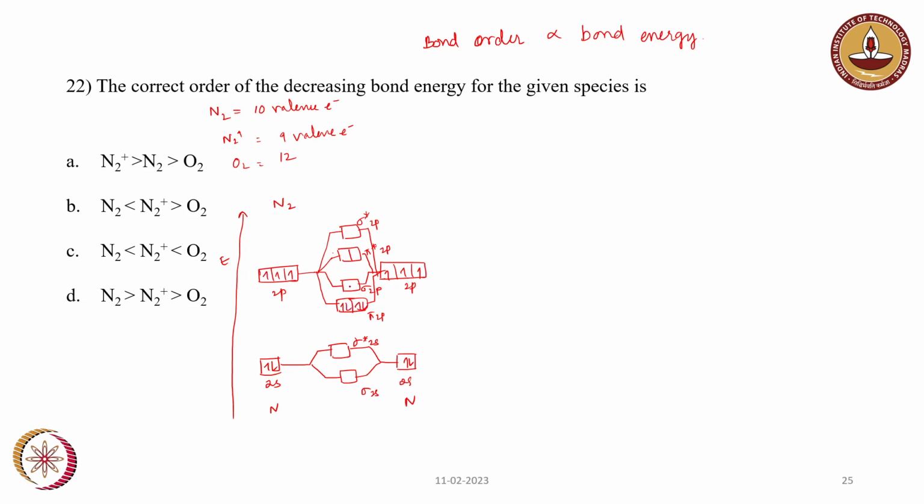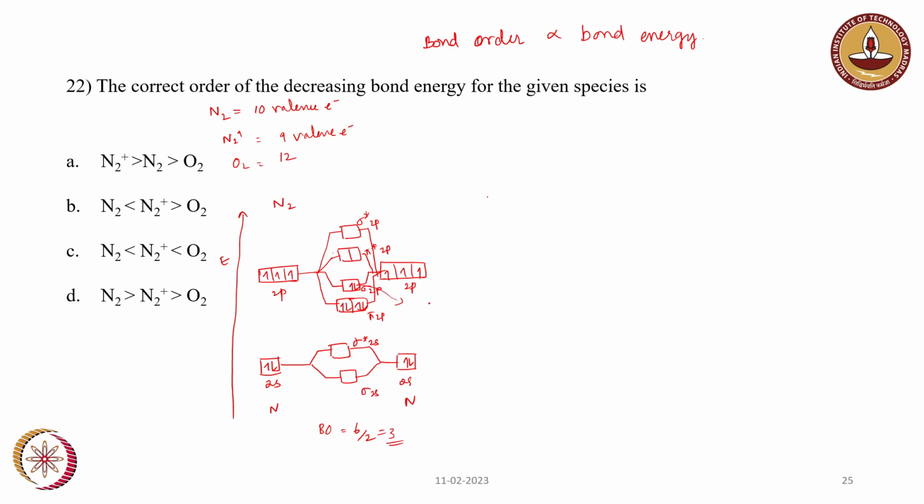We'll add in pi 2p and sigma 2p. So the bond order is 6 by 2, that is 3. And in the next case, N2 plus, we can remove one of the electrons from this sigma 2p.